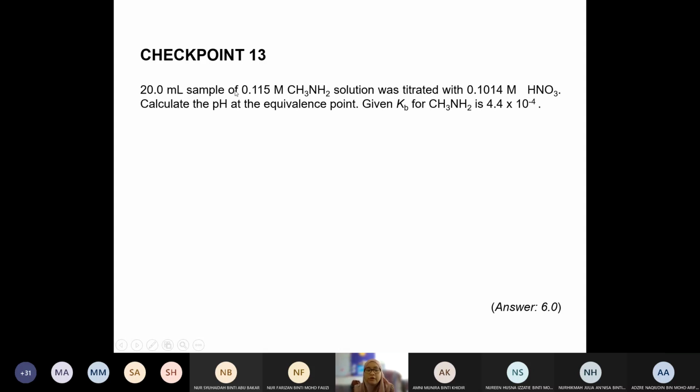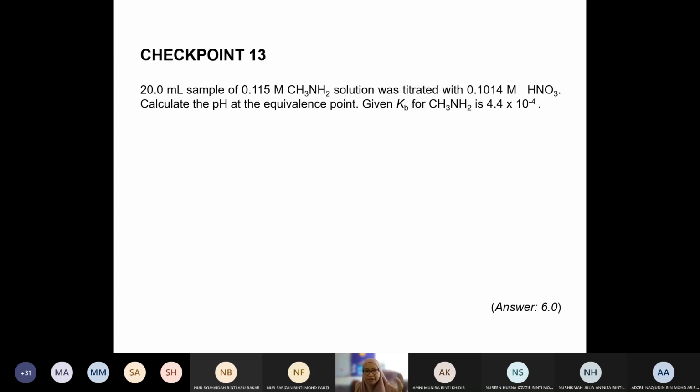So the target is to find the pH at equivalent point. Before we proceed to the calculation, let's just have an idea on what to do next. So the first step would be good if you could predict.